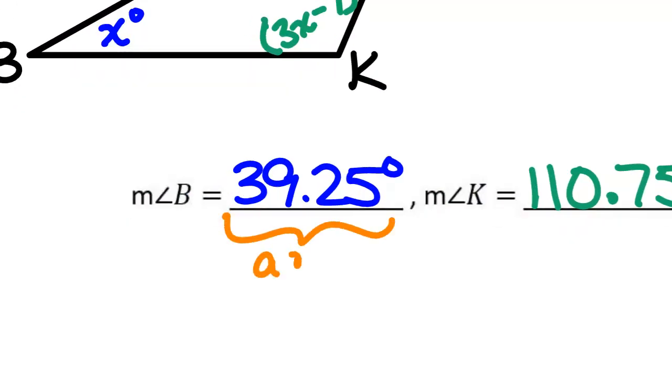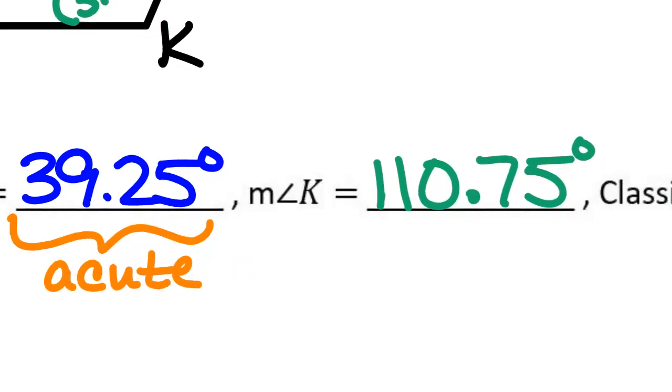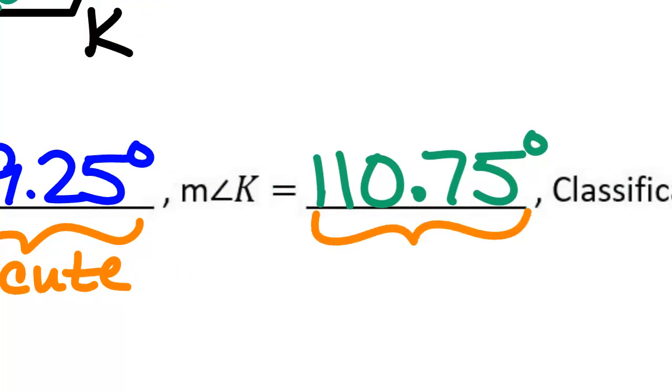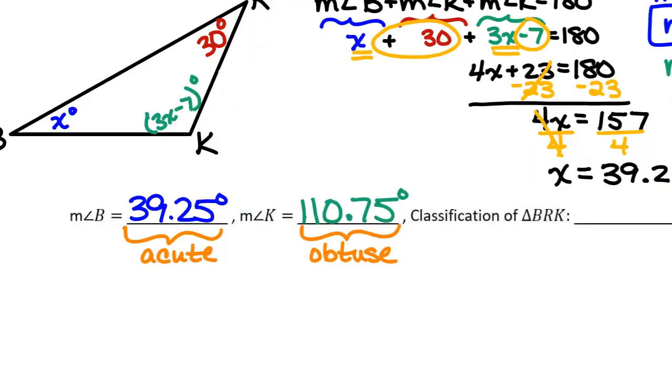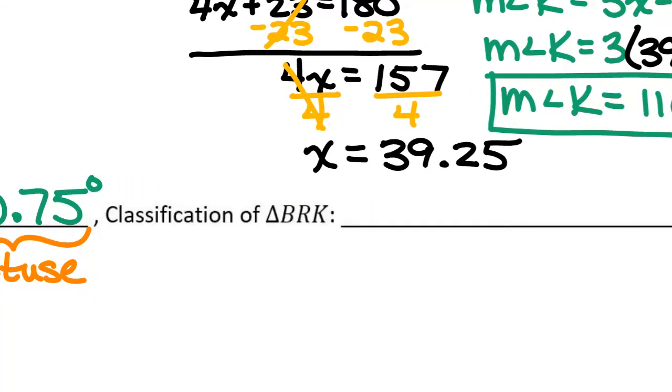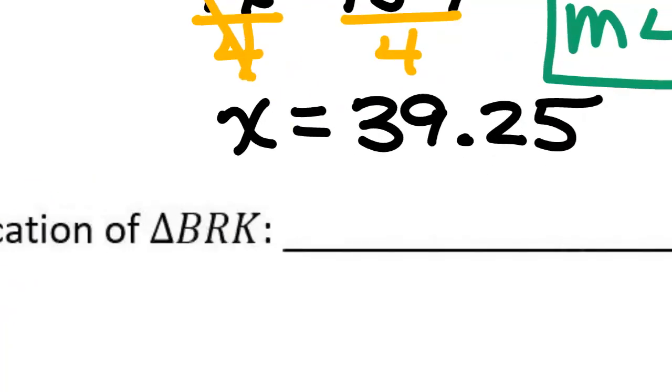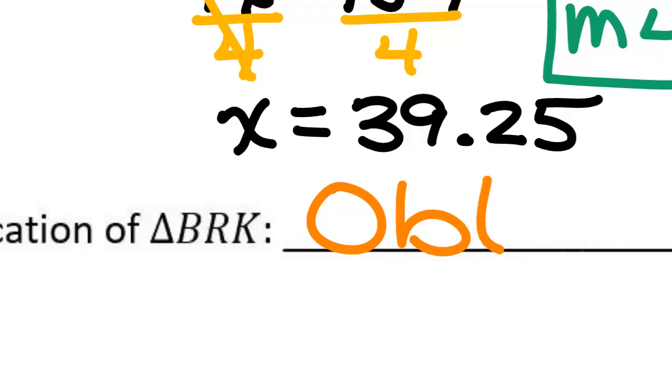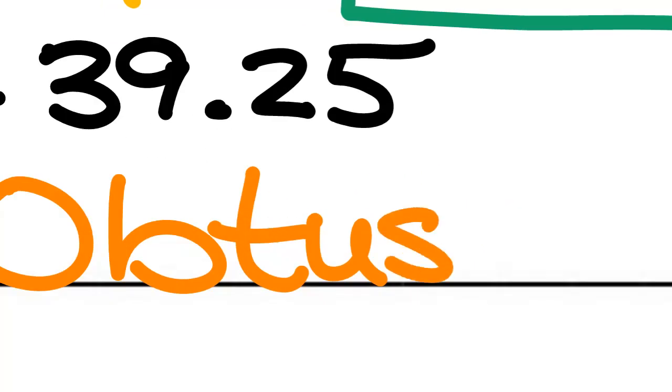That one is also acute. Angle K, obtuse. So is this triangle an acute triangle, a right triangle, or an obtuse triangle? It's an obtuse triangle.